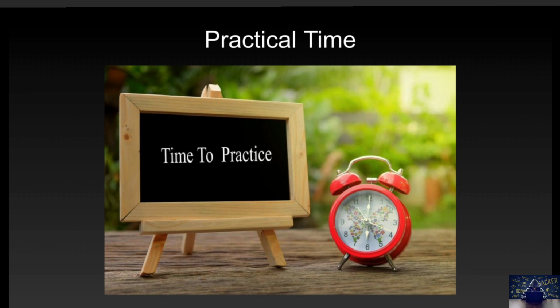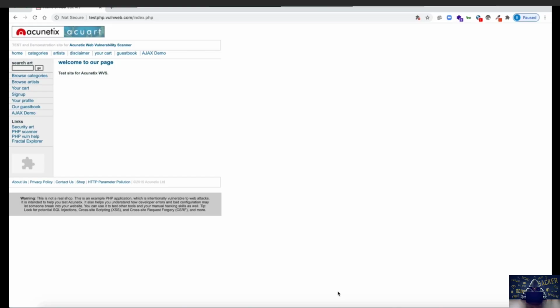So it is the practical time, and let's see how you can demonstrate this type of attack. Here we are going to see a practical demonstration of HTML injection on a lab website, which is testphp.vulnweb.com.